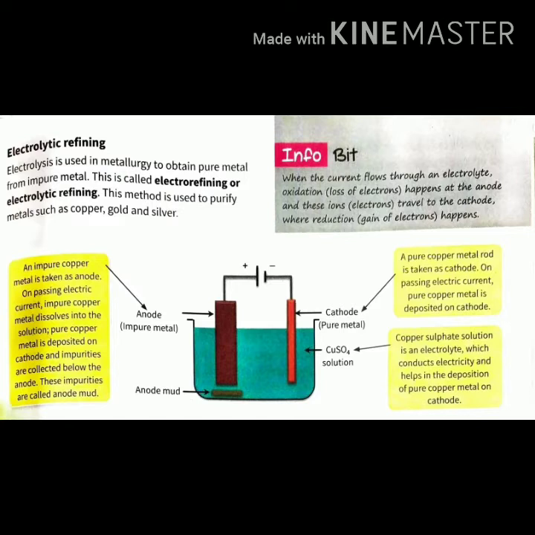On the anode, the impure copper metal is taken and then electric current is passed through the circuit. When the current is passed, the impure copper metal gets dissolved in this blue colored copper sulfate solution.